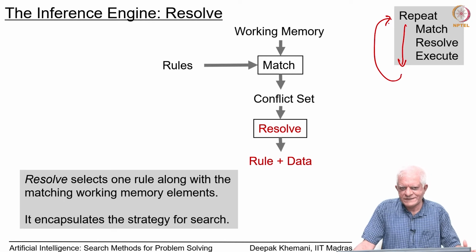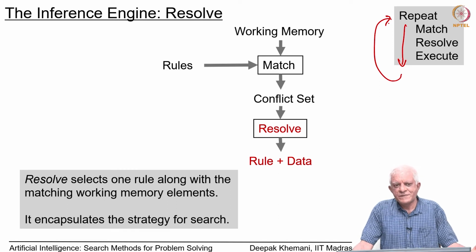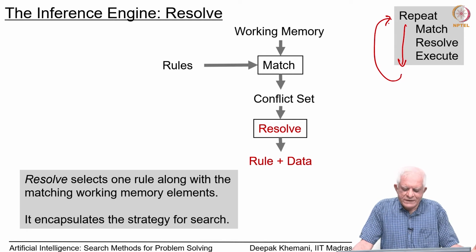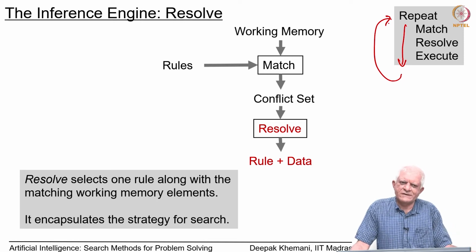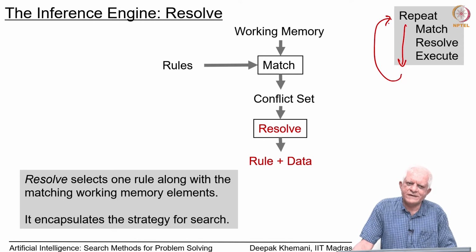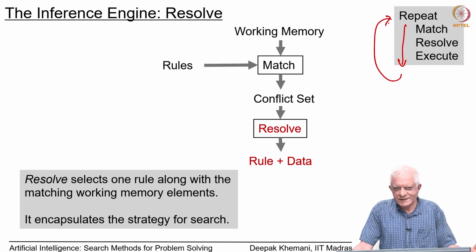How it does that we will see as we go along, but that is what resolve does. It resolves the conflict between the different contending rules and picks one essentially. As we will see, this is a critical component in an inference engine, because just like we did when we were doing search in the state space or solution space, you generated move gen, and then it was very important which of those moves you would select essentially.